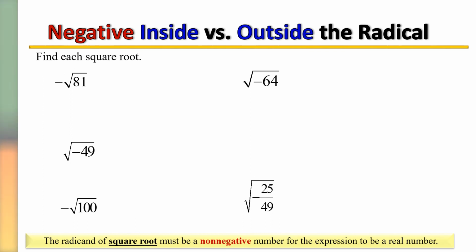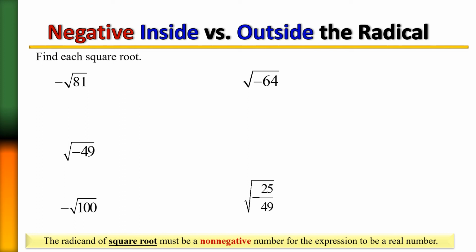So let's do some practice to see if you can differentiate between the negative on the outside versus the negative underneath the radical symbol. What is the negative square root of 81? Notice we have the negative on the outside.